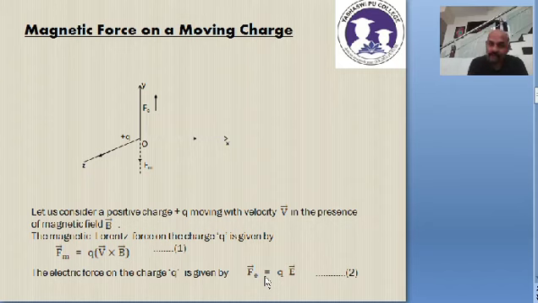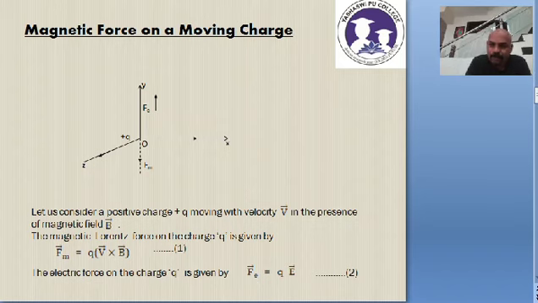Now to understand the direction of the magnetic force. The direction of the electric force, because the charge is positive, is along the direction of the electric field. You know that very clearly.